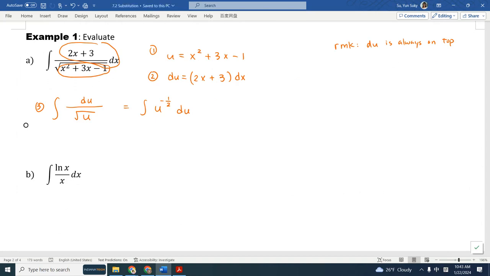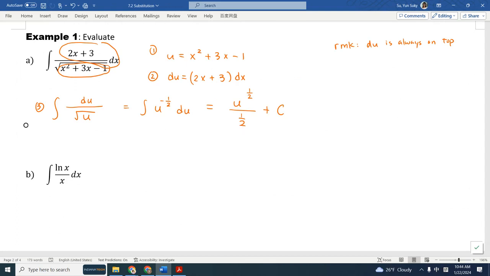That equals u to the, our function. If you add 1 to the exponent, what do you get? 1/2. Yes, negative 1/2 plus 1 is 1/2. And then you divide it by the new exponent, which is 1/2, plus c.